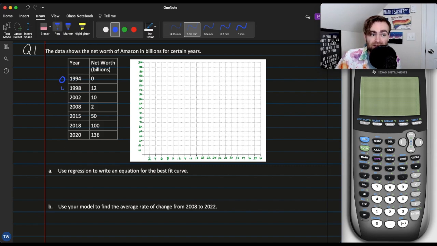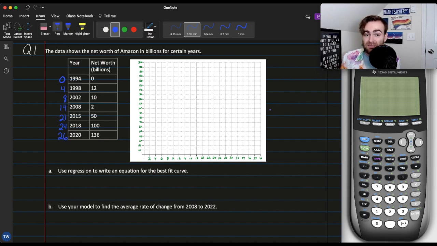So 4 years later, this is another 4 years. This is 6 years, so that would be 14. This would be 7 years, so that would be 21. This would be 3 years, so that would be 24. And this is 2 more years, so this would be 26.